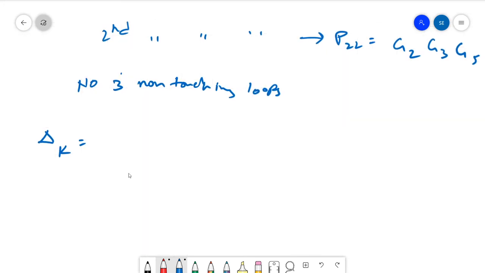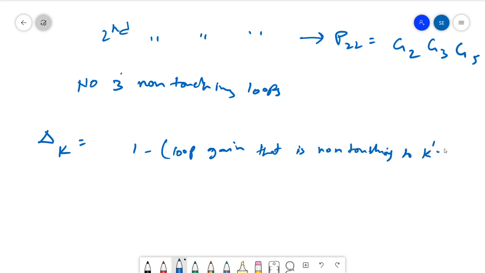Del K is given as 1 minus, what is the formula? Loop gain which is not touching the kth forward path.